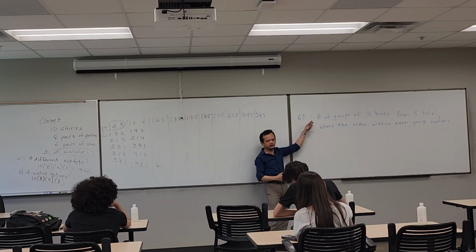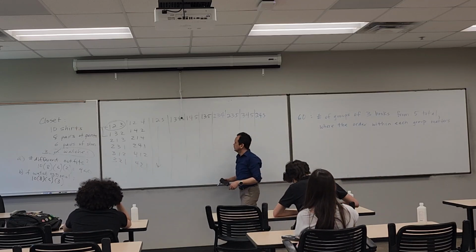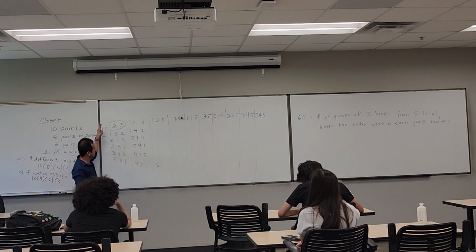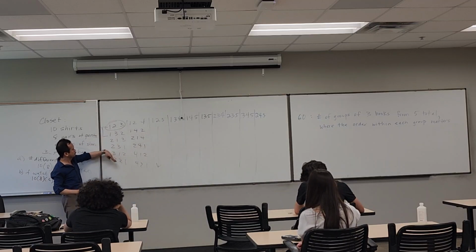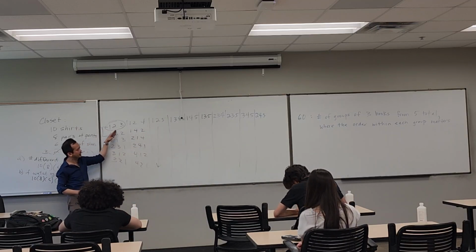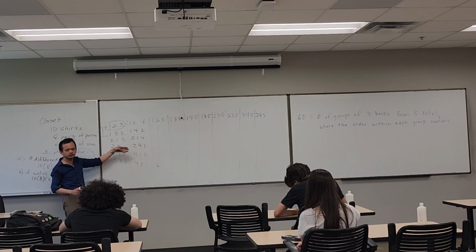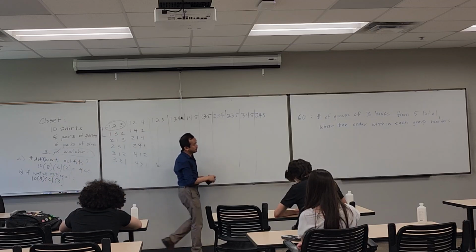So that's what the number 60 represents. It's the total number of groupings of 3 books at a time from 5, where the ordering within each group matters. So what about the number 10?